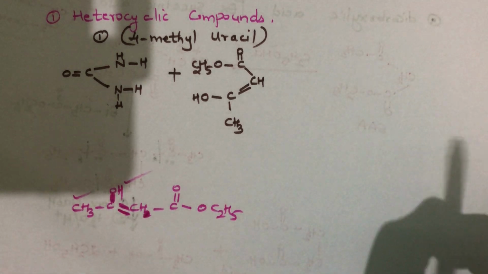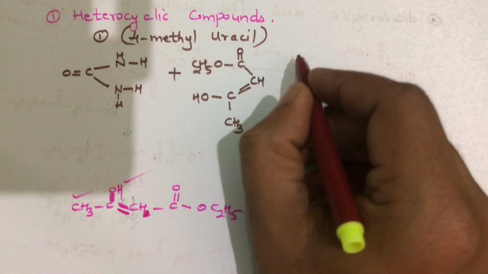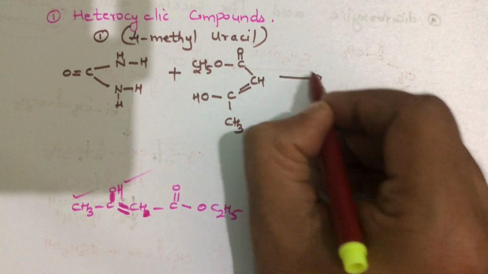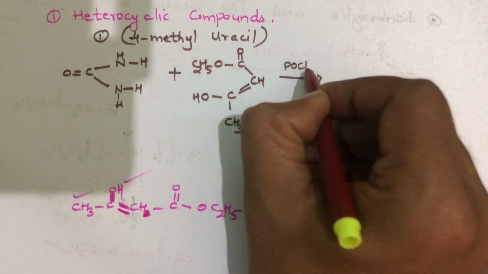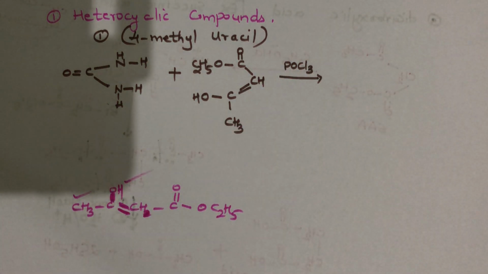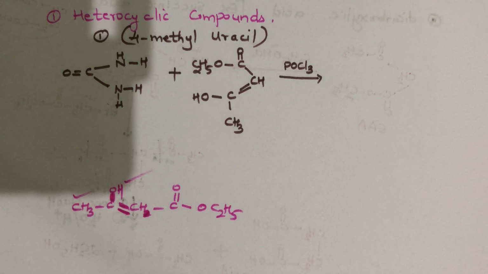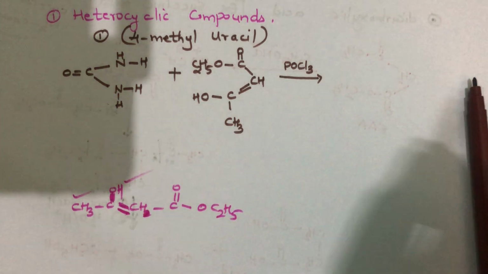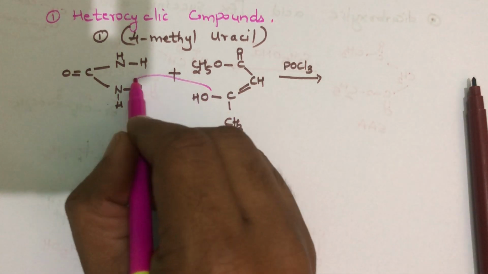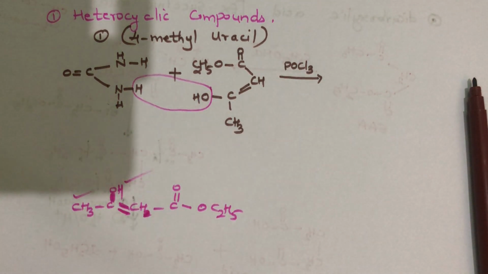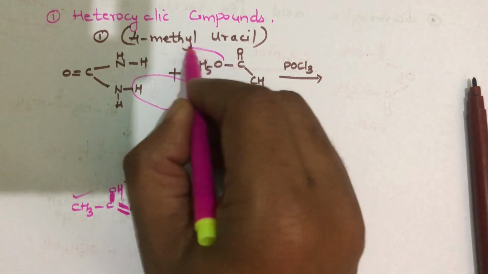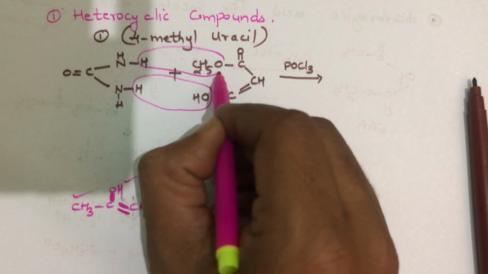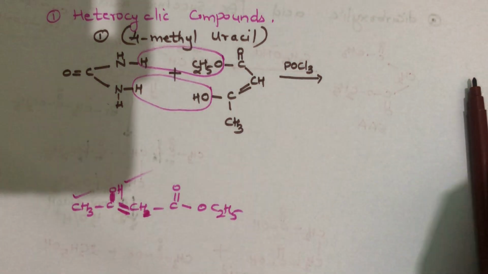Whenever it is treated with urea in presence of POCl3, simple condensation takes place with loss of a water molecule. Water goes off, and from here ethanol goes off, C2H5OH.